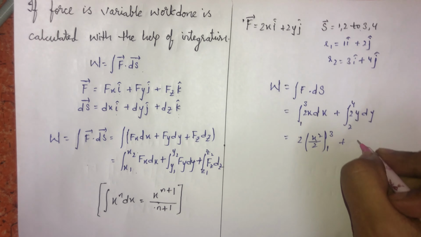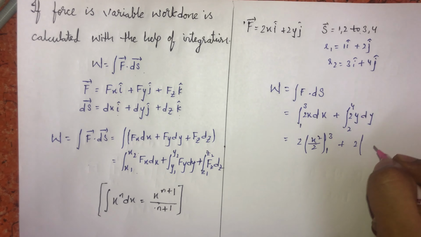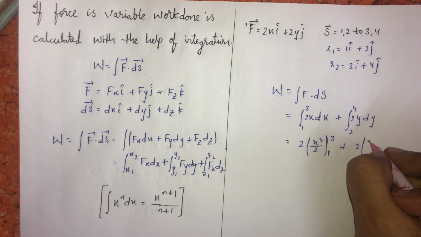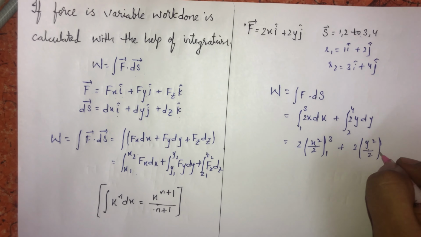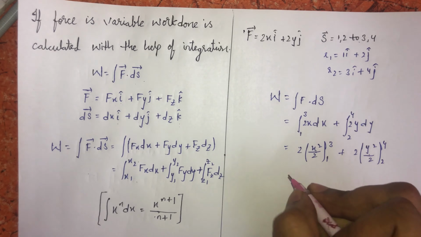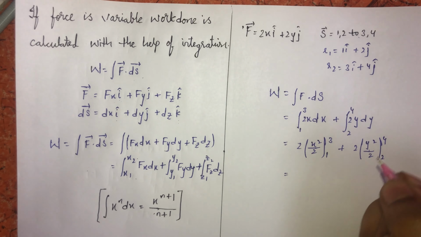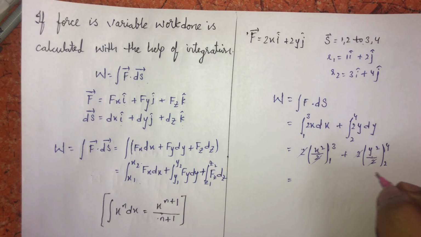plus 2 is constant, 2 is taken out. Integration of y dy will be y to the power of 2 by 2, taking the coordinates 2 to 4. Then here the 2 will get cancelled.